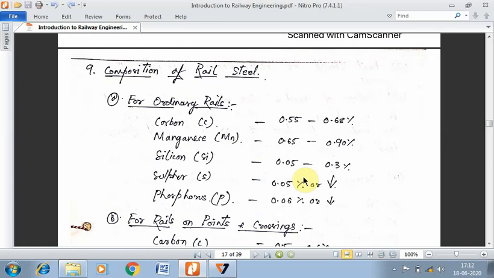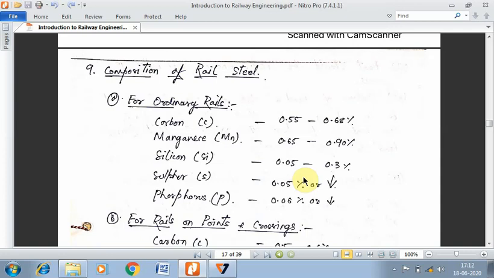To avoid those complications, standards are prescribed about which component has to be provided in what percentage to manufacture a rail. I think you are already aware that there are very few industries, and most of them are government owned and government operated, where the rails and wheels are manufactured. It has still not been privatized.